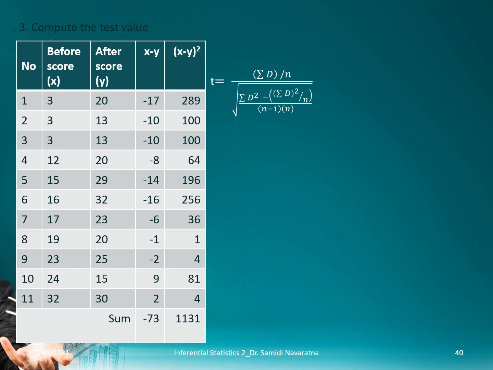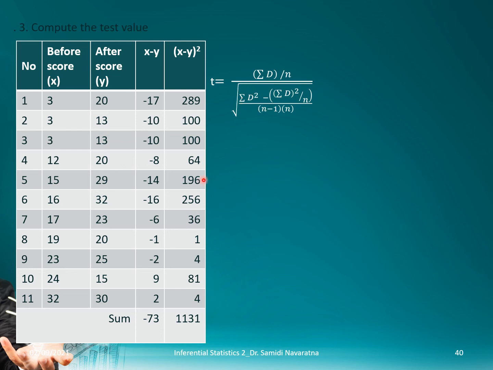We know the sum of the differences. That is, the sum of the differences here is minus 73. And then the sum of the square differences, this is the one.